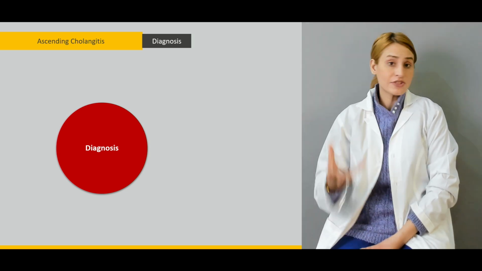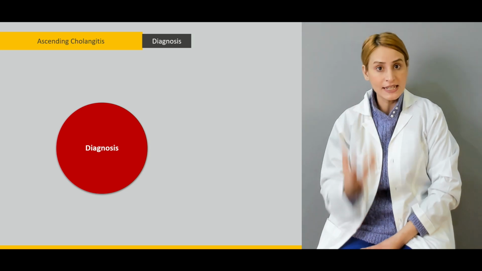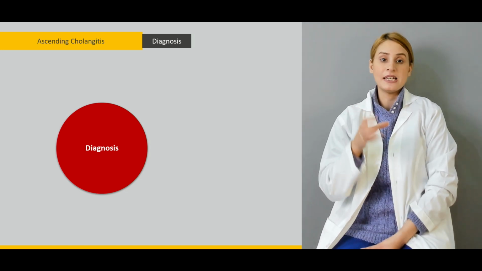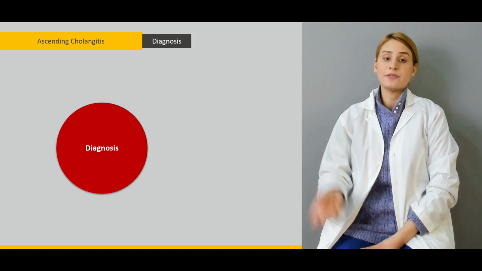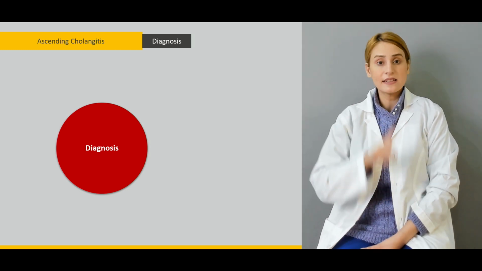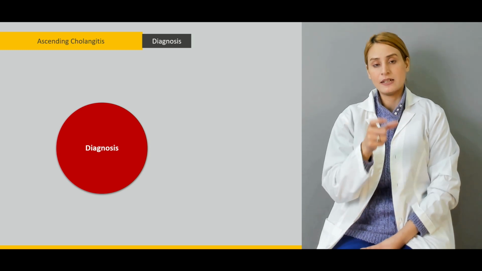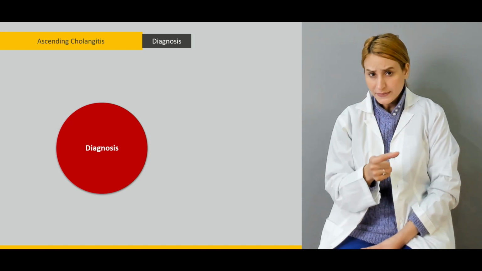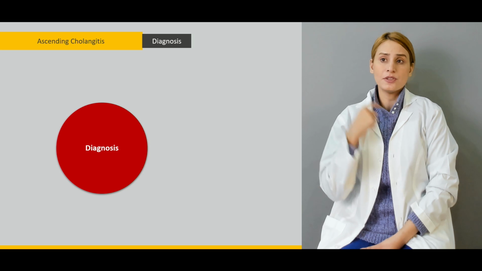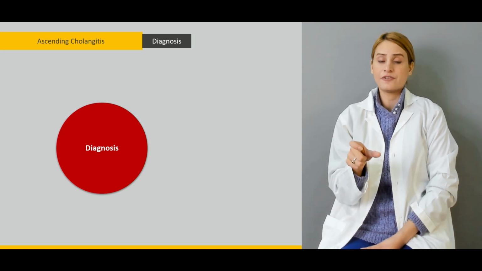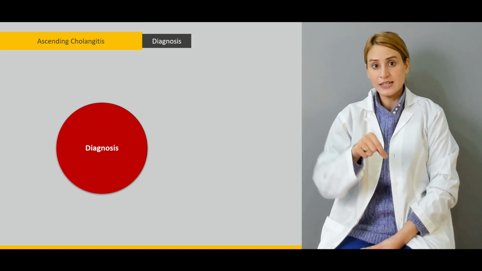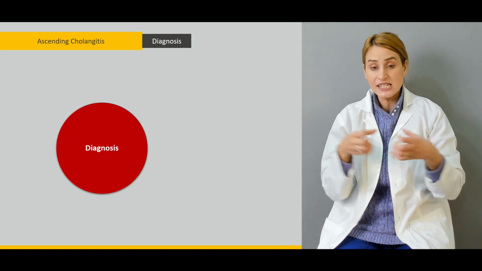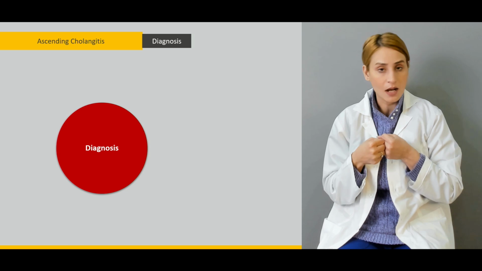So ultrasound will tell you that there is dilatation in the CBD. The total diameter of the CBD is increased. Ultrasound will tell you that there are multiple calculi in the gallbladder. And if there's a dilatation of the CBD, which is the common bile duct, that means the stone is actually obstructing the way, and it's dilating the lumen of the common bile duct.